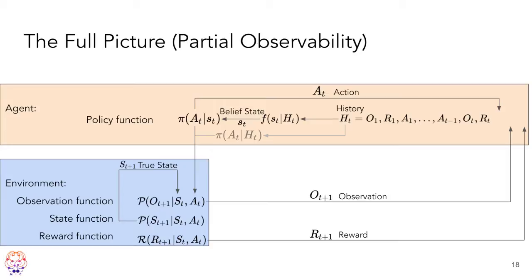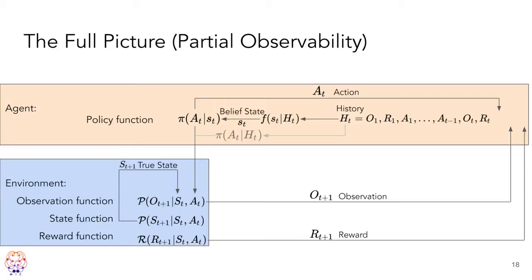And then for partial observability, our policy doesn't act just from states, it acts from a belief state, which is a function of history, right? Because we don't have all the necessary information about the world yet. We first have to infer from our history.